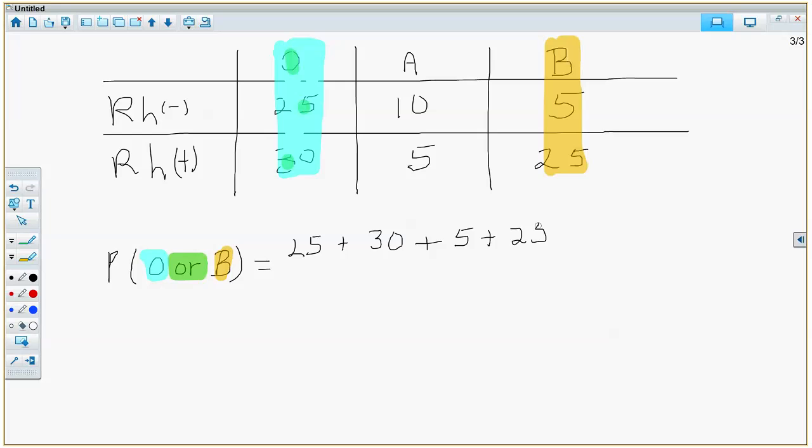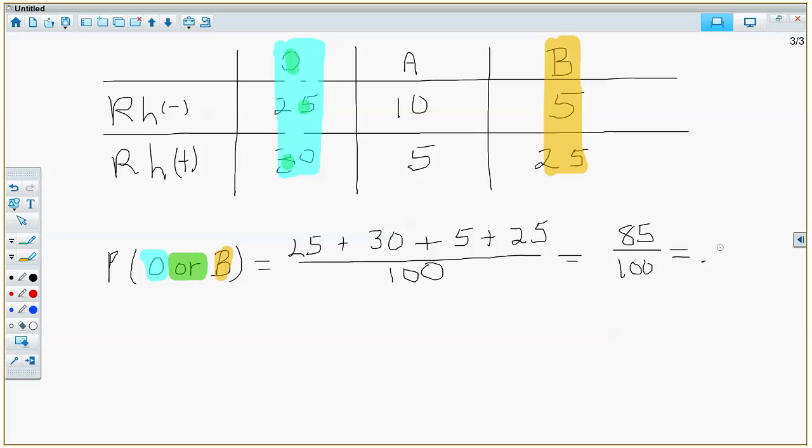Now what's it all over? The total is 100, right? And that's your answer. Dang old 85 over 100. Somebody check me. So you got a 0.85 probability.